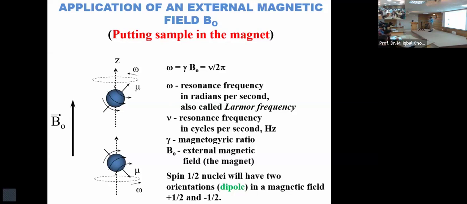When you give a radio frequency, only that radio frequency which matches the precession frequency will be absorbed, and the nucleus goes into the high energy state. This is very simple quantum physics. Quantum physics says that if you wish to transfer energy from one type of radiation to another species, they have to move in the same direction.